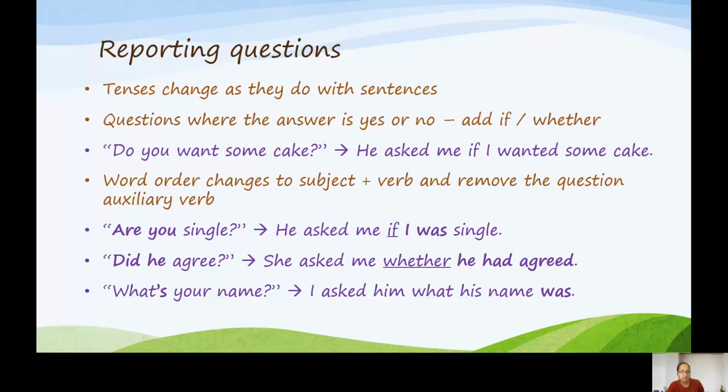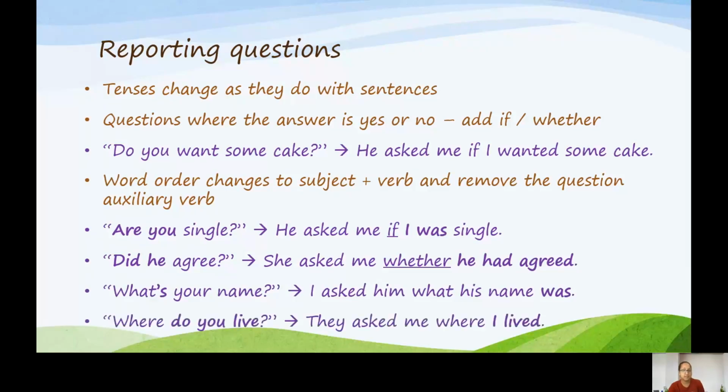What is your name? becomes, I asked him what his name was. So we keep the question word. We don't need if or whether because it's not a yes/no answer. Is becomes was, and we have the subject, his name, followed by the verb was.